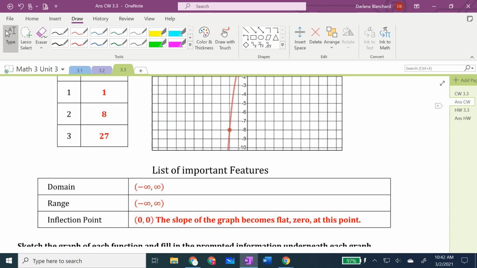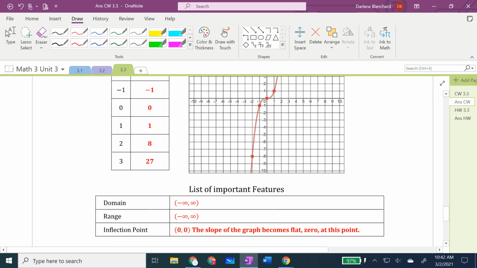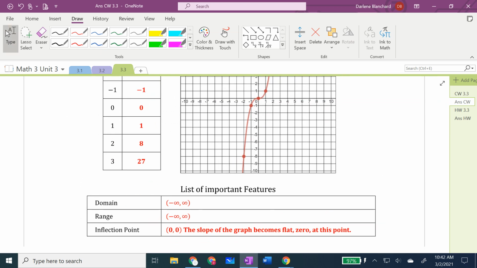So notice domain and range, all real numbers, negative infinity to positive infinity. And right here at the origin, now this is a graph that is computer generated, so you can see what it definitely does look like.